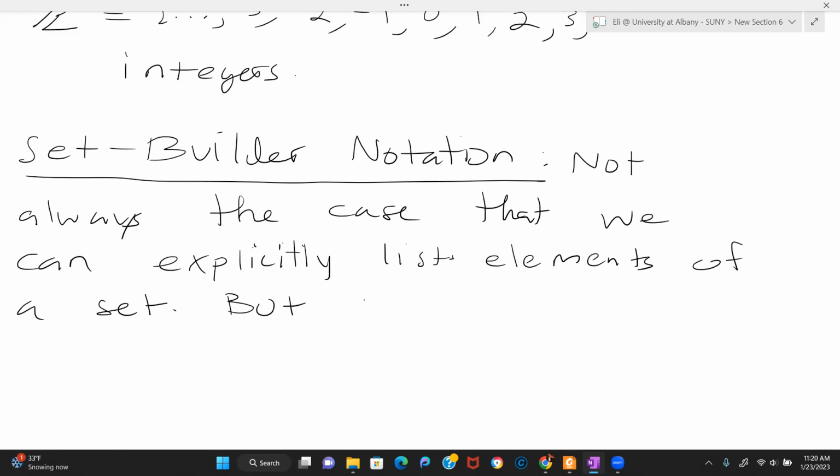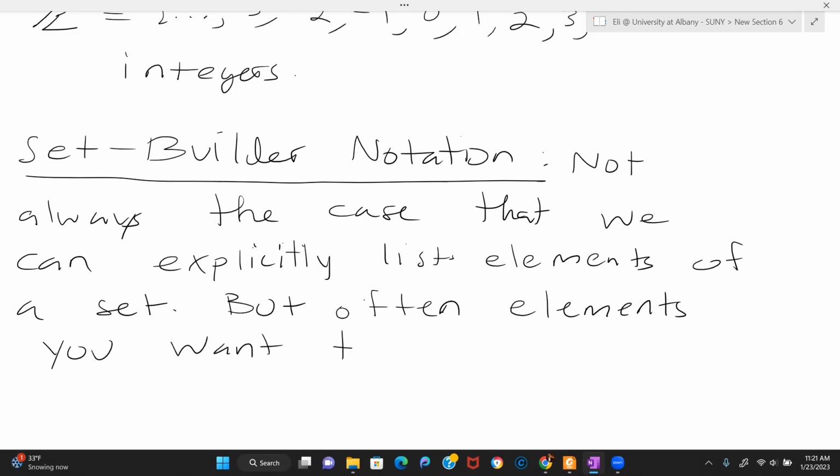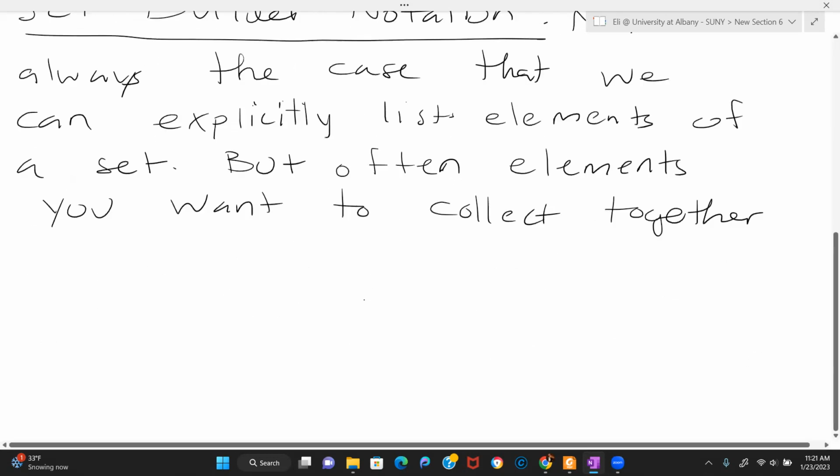But often the case is that the elements of the set you're interested in have some common property. So often the elements you want to collect together have some common property.